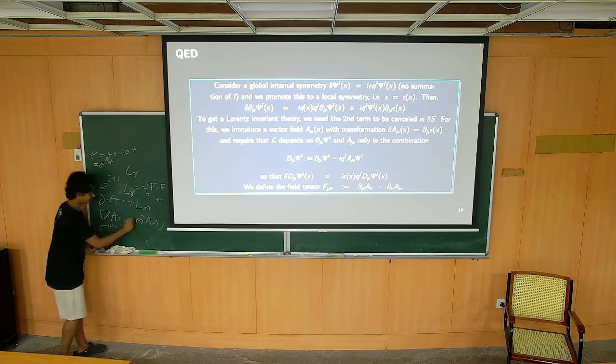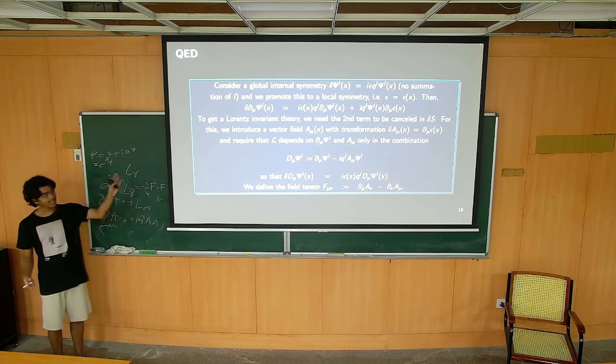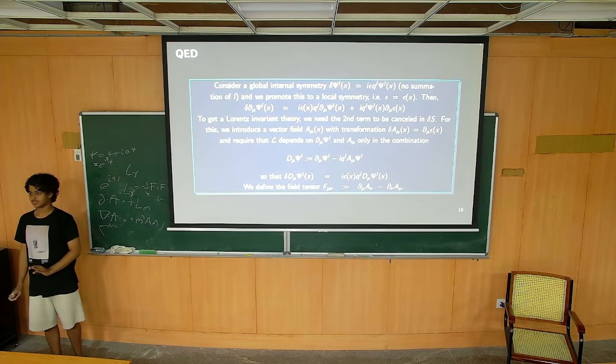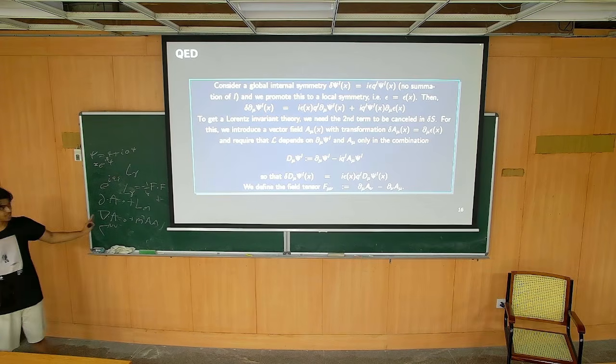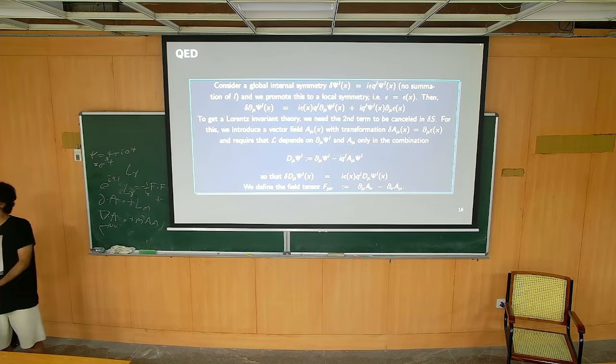If you have a mass term like this, then it is no longer gauge invariant. For it to be gauge invariant, we need the mass term to be 0, which says the mass of this field is 0, and by experience, we identify this as the photon.